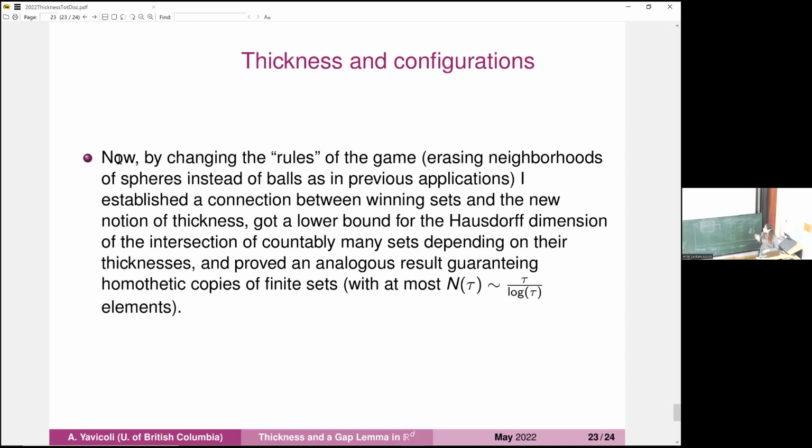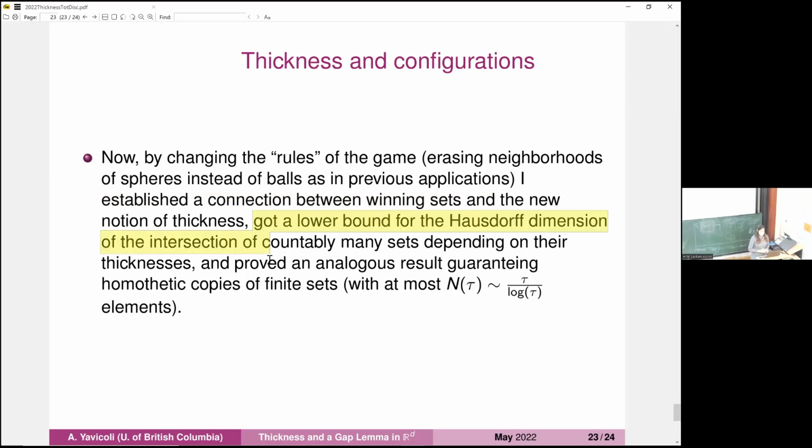with my new Gap Lemma and the new definition of thickness in R^d, that is useful also for disconnected sets, by changing the rules of the game, I have to change the game. Alice is erasing neighborhoods of spheres now instead of just balls. And with that, I was able to establish a connection between winning sets with that game and the new notion of thickness.